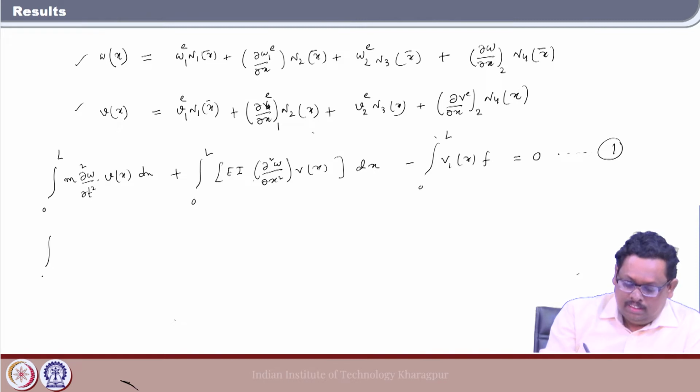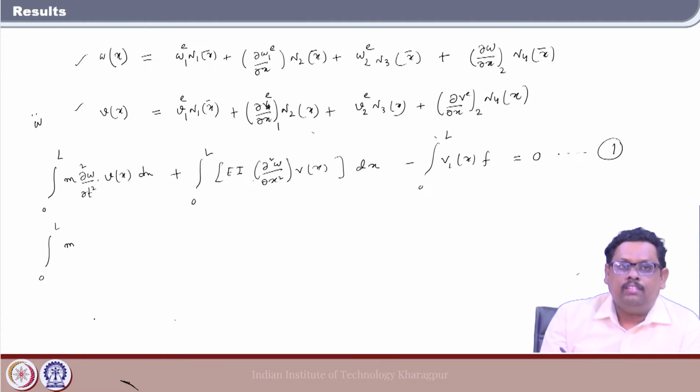You get the integral from 0 to L of m. Instead of del square W by del t square, I can write W double dot. So just substitute over here.